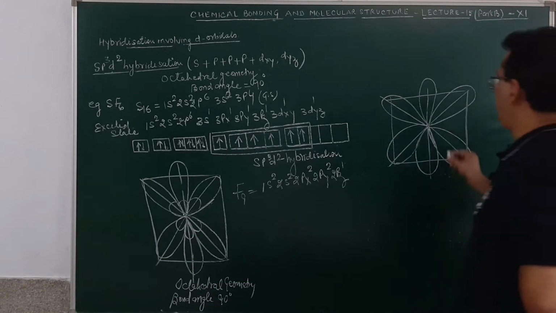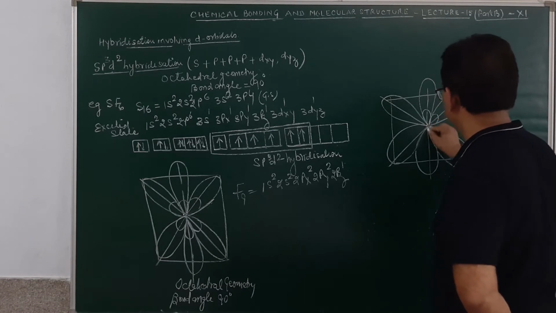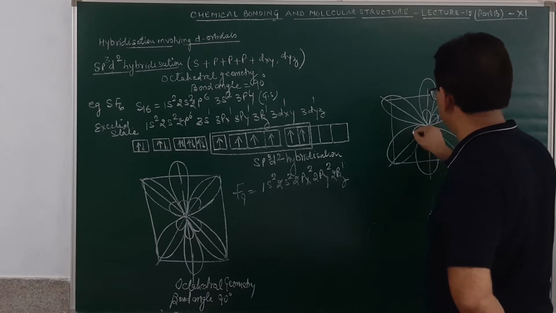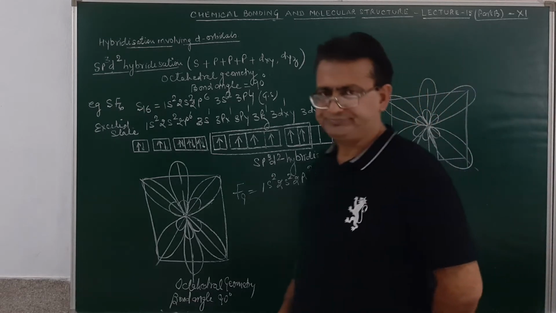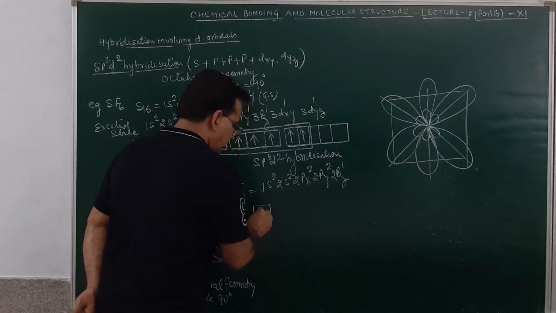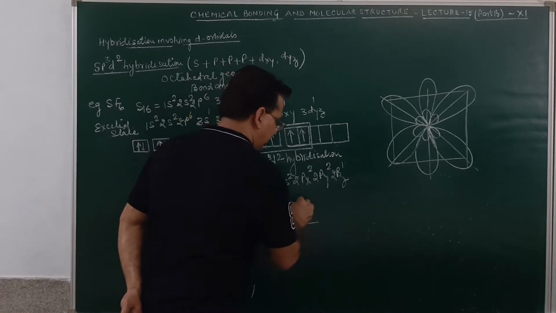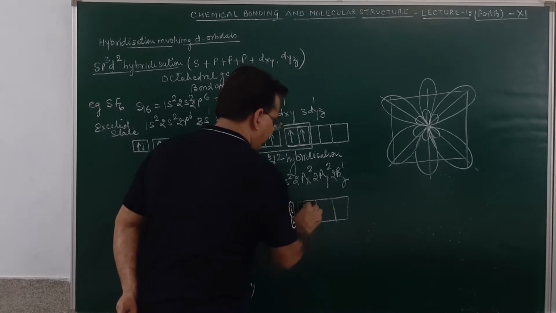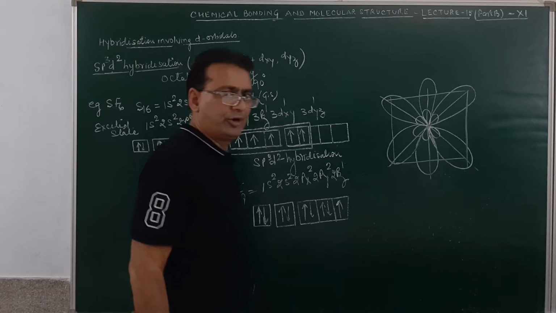Yes, with the region of high electron density and the region of low electron density. Now this pz orbital will orient itself in such a manner that it may overlap with 6 sp3d2 hybrid orbitals, resulting in the formation of a bond that will be responsible for the formation of the sulfur hexafluoride molecule.